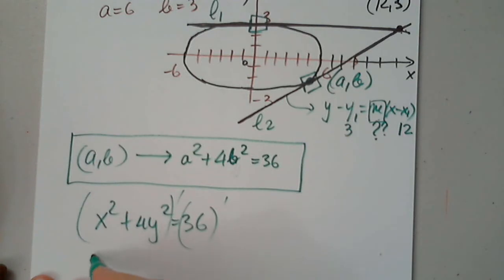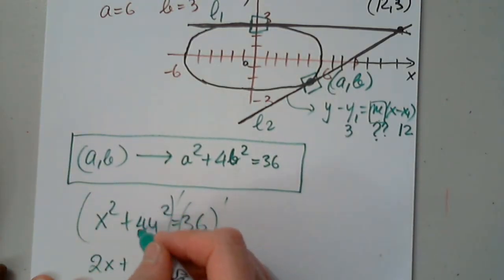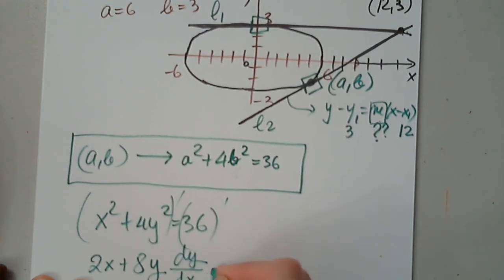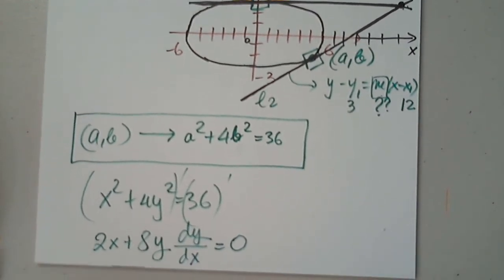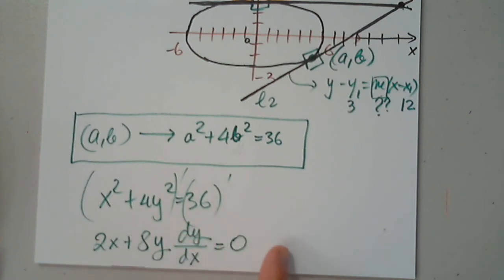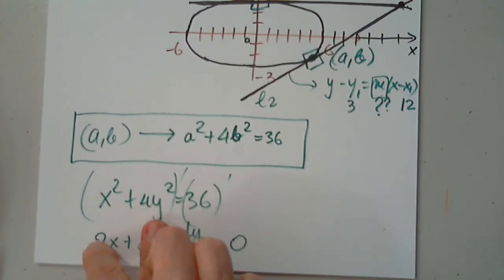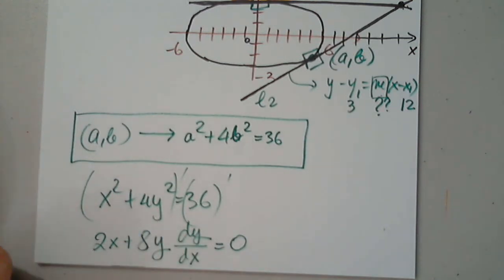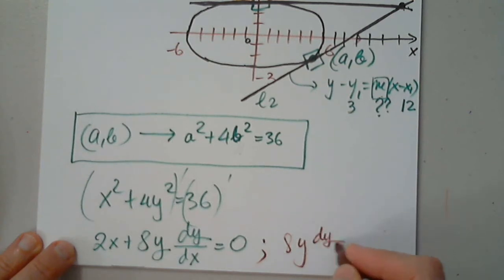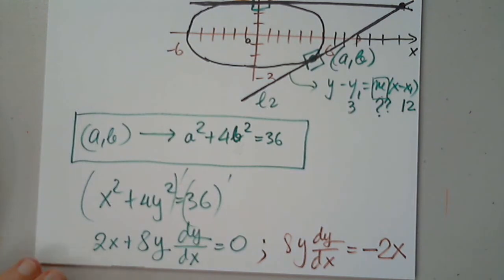I differentiate, I get 2x plus 8y dy over dx equals 0. I solve this equation for dy over dx, moving x. This term is okay, but this one does not belong here. So I have 8y dy over dx equals negative 2x. Then I'll solve for dy over dx.